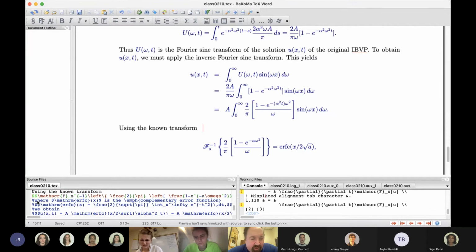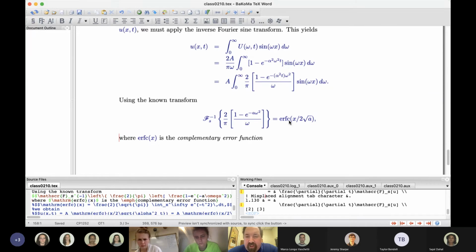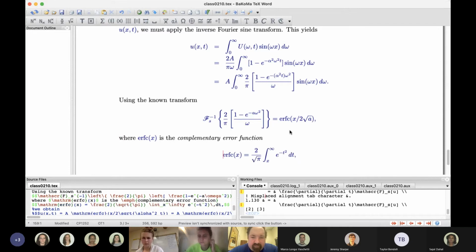Now, this is a rather strange function you likely have not seen before. ERFC is the complementary error function. ERF is just the error function, and the C means complementary. So the complementary error function is defined to be this. And this is the simplest formula we can get, because it's been proven that for this kind of integral, an indefinite integral with a limit of x, there's no way to evaluate it.